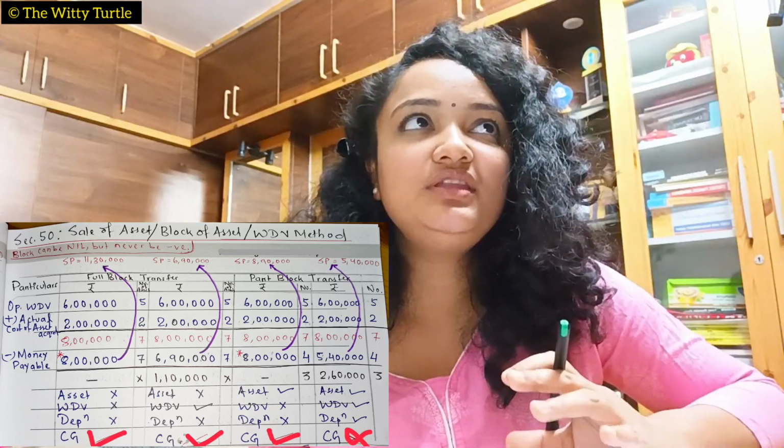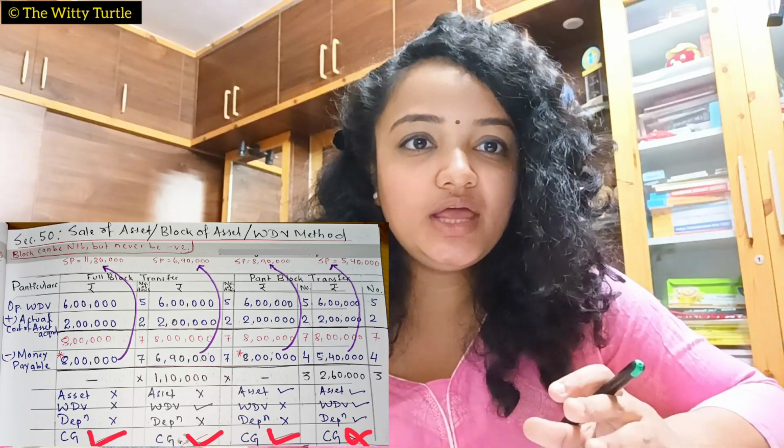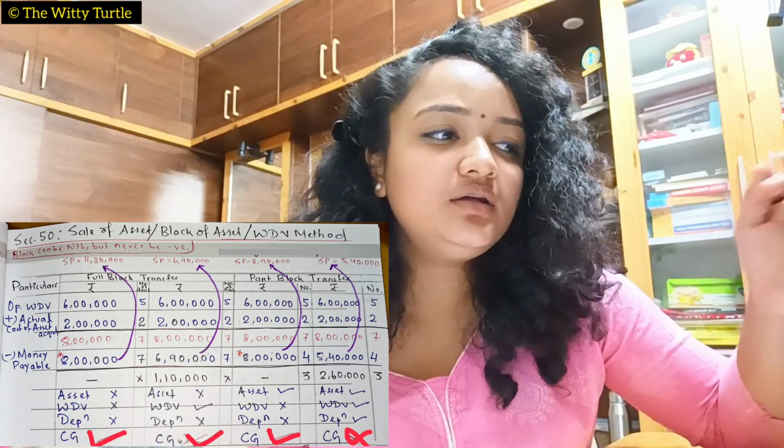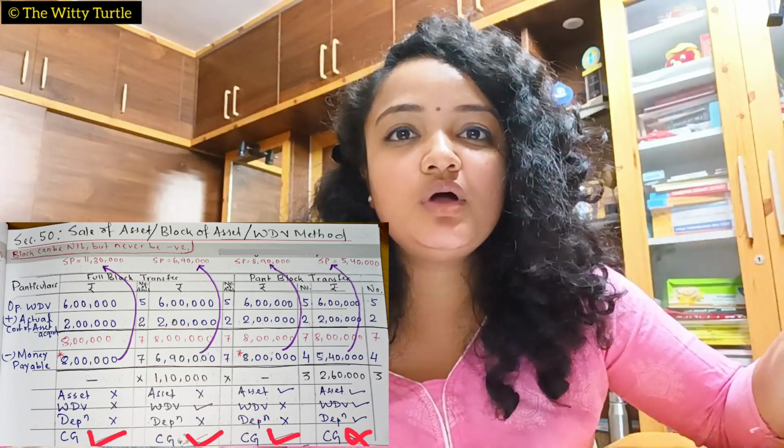So in this section there is nothing to remember. Okay, this is simply common sense. अगर ठीक है, आपका गेन कहाँ पर होगा? गेन तब होगा जब आपके कॉस्ट ऑफ एक्विजिशन से आपका जो फुल वैल्यू ऑफ कंसिडरेशन है वो ज़्यादा होगा, राइट? Your gain will arise only in that case where the cost of acquisition is lesser than the sale consideration, right?